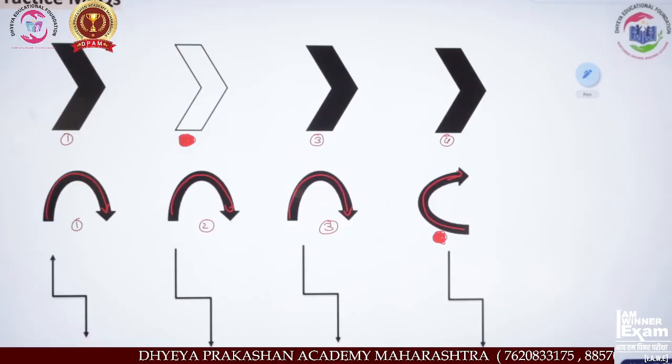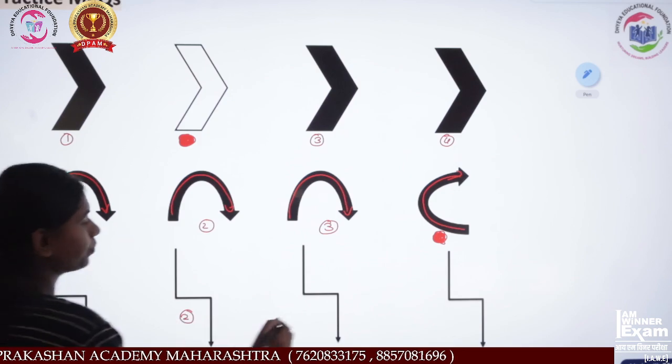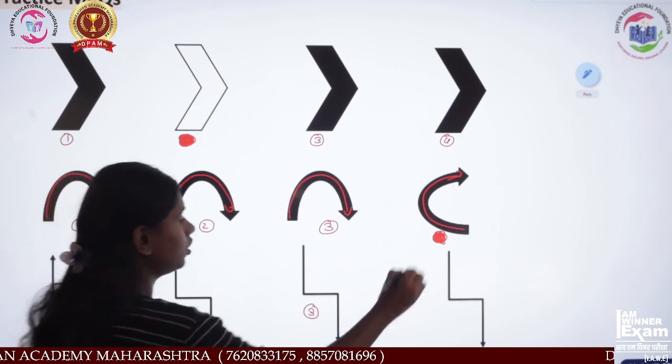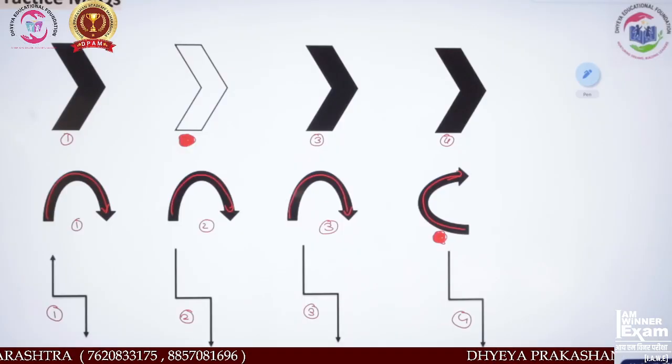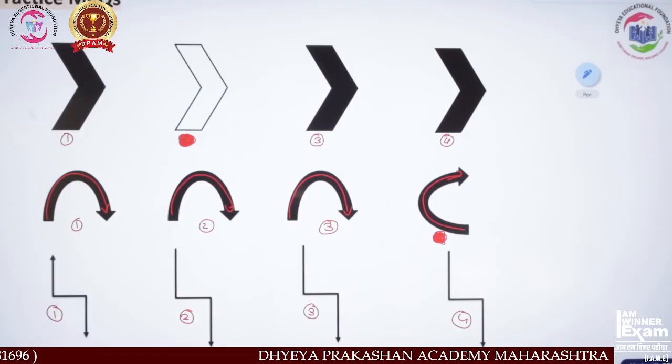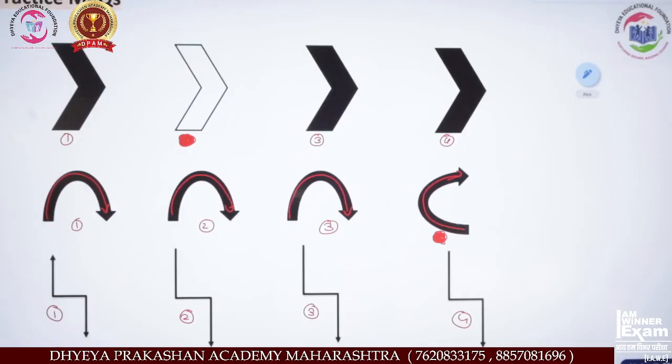Okay, then next, this is your first figure, this is your second figure, this is your third figure, and this is your fourth figure. Now which is the different figure here? That is the first figure. Why?